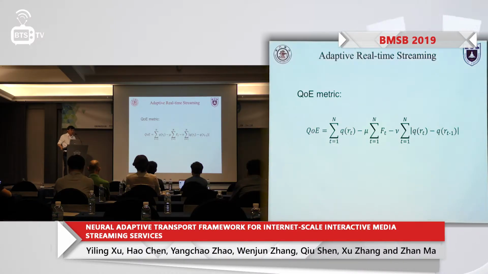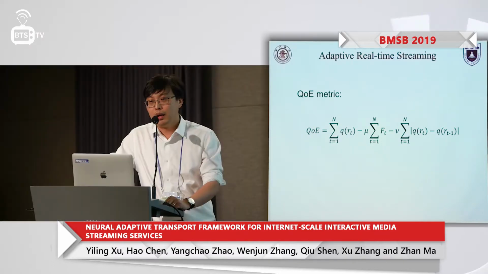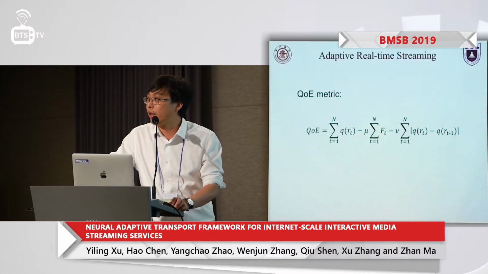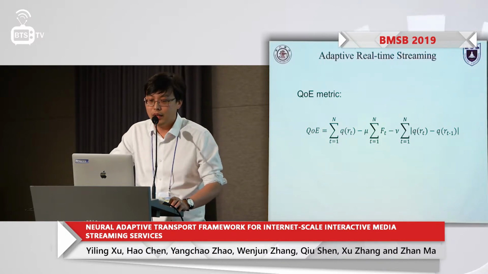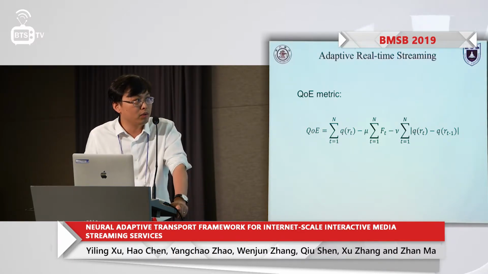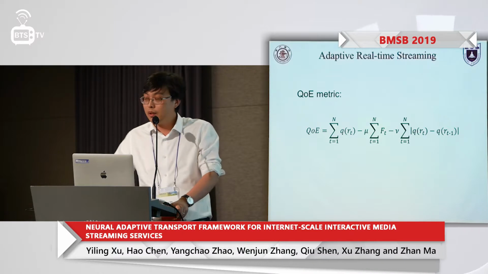And the third part is about adaptive real-time streaming. Actually, this part of the research has been done extensively in the networking society. First of all, we want to introduce the QoE metric as our target function or utility function. The QoE for network streaming is about the bitrate.